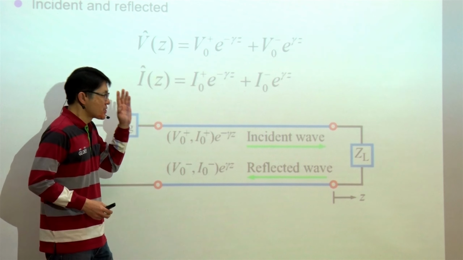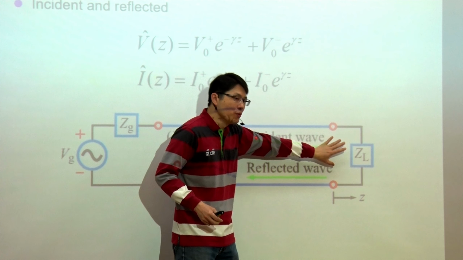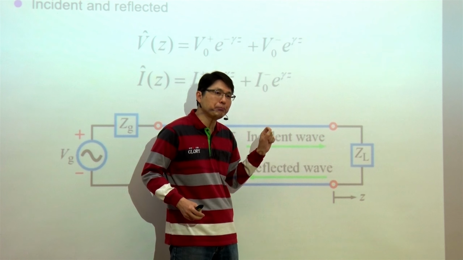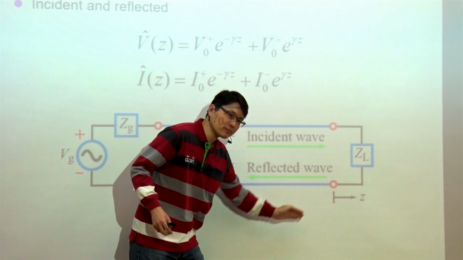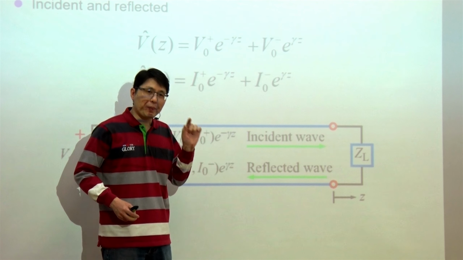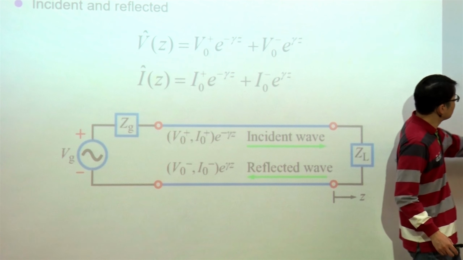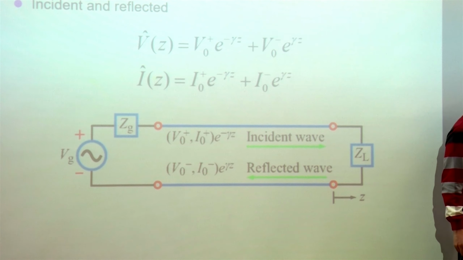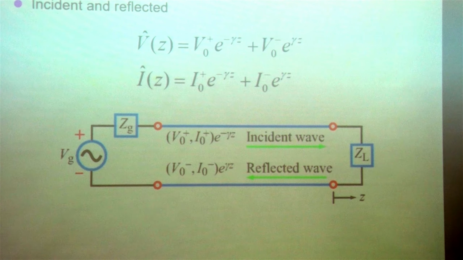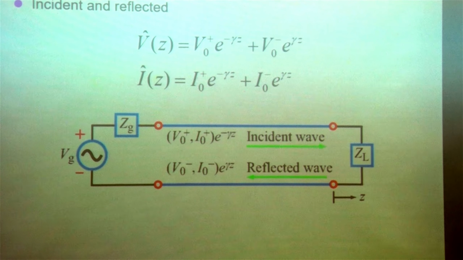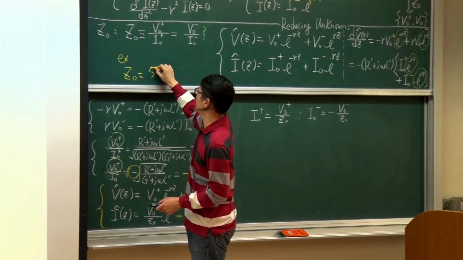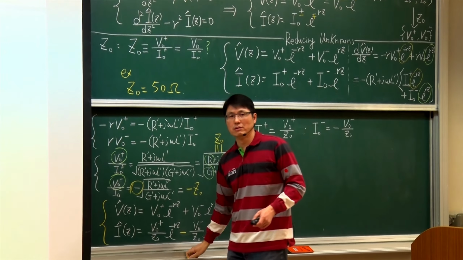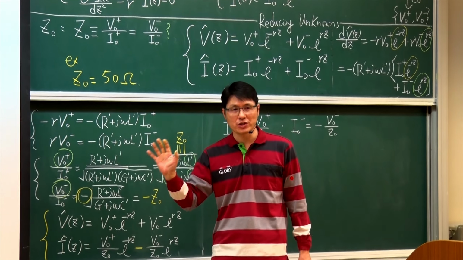Okay? So the reason is you might have the so-called impedance mismatch. The transmission line is represented by its characteristic impedance, for example Z0 equals 50 ohms. This is a very particular transmission line.